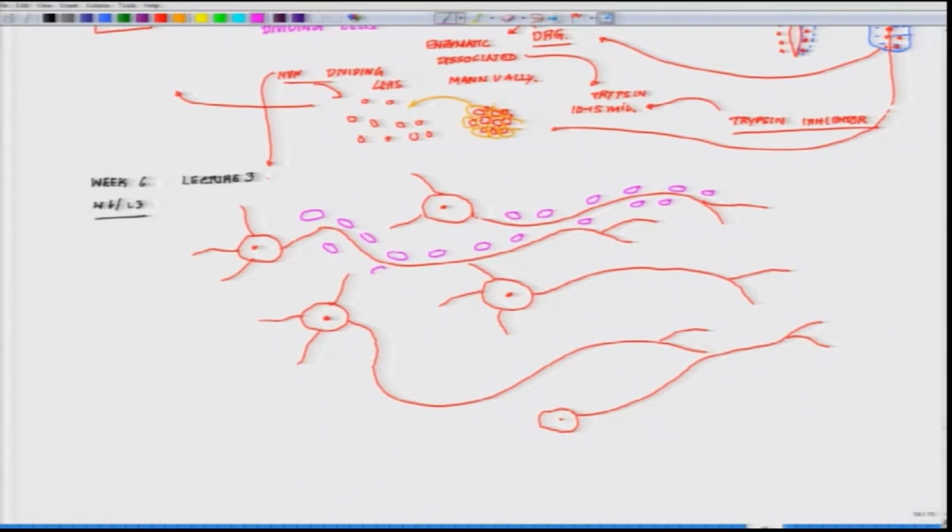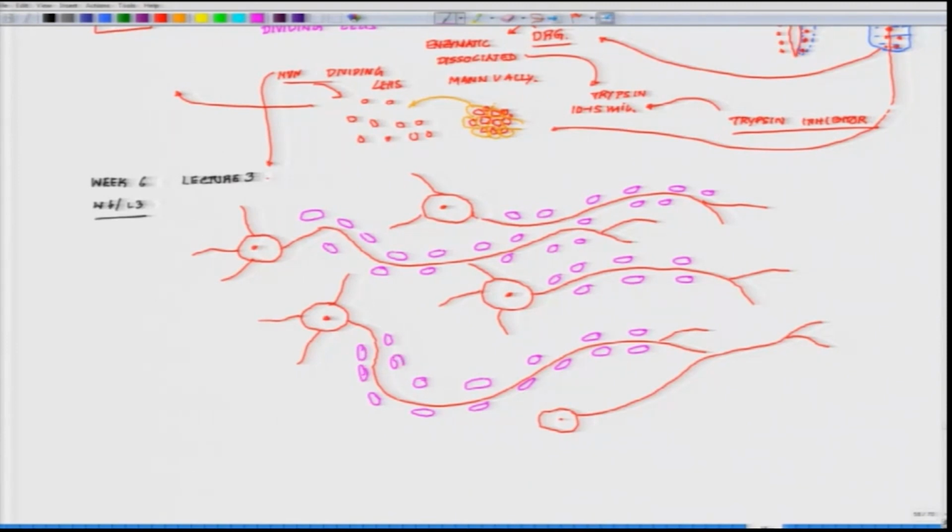One thing which could happen is the Schwann cells will migrate towards the axon, and along the axon the Schwann cells may form exactly the way it happens.